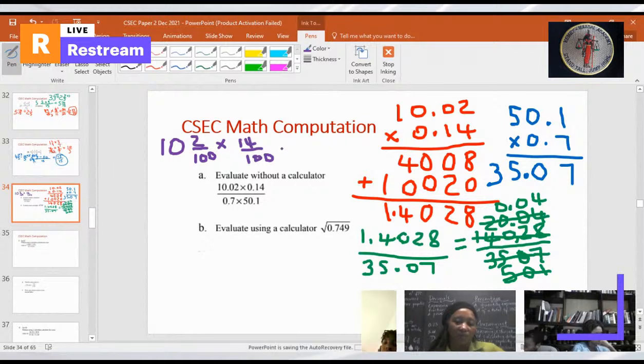So we would multiply those, change them to mixed numbers. So 100 times 10 is 1,000 plus 2, right? 1,002. Is that correct? Yes.